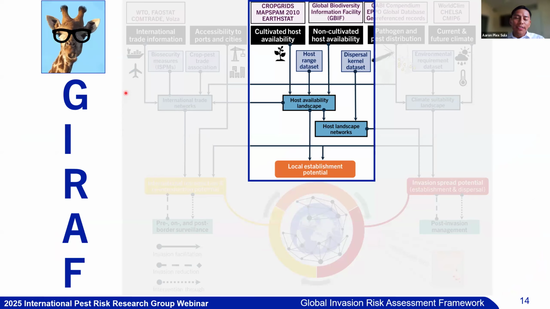The next component of this framework is understanding the potential spread at fine resolution based on the availability of hosts and the potential dispersal between those locations, and understand establishment for this pest using host connectivity.